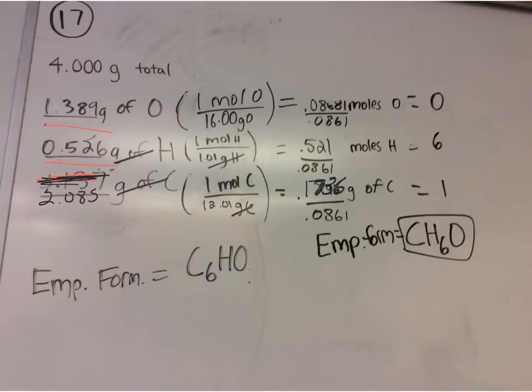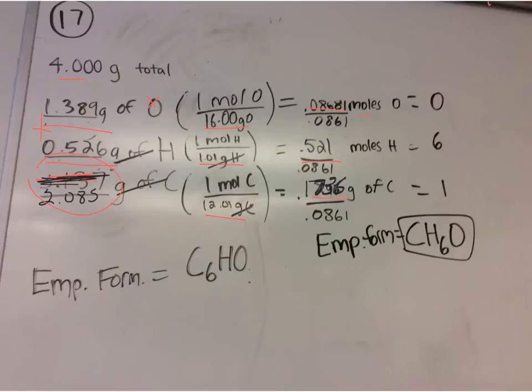So I combine these two together and then subtract them from 4.00, and we get the total of 3.137 grams of carbon. So we have all the elements in grams, but we need to convert them to moles. So for each, we divide the grams by the molar masses, and then we get these three totals.